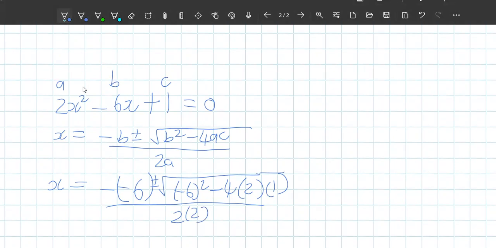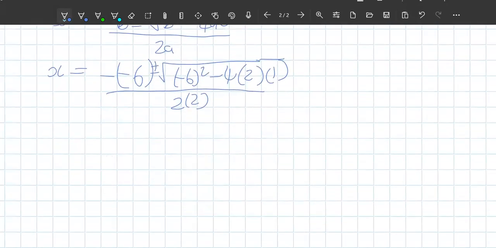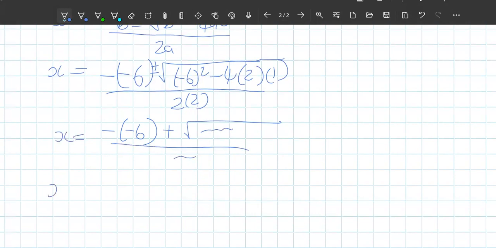If you put this into your calculator, you put it in separately. I prefer to keep it in this exact form. So it'll be minus minus 6 plus all of the above, or it'll be minus minus 6 minus all of the above.